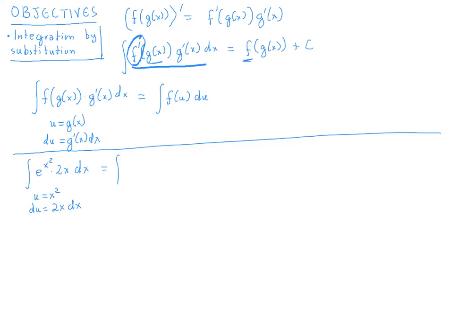And so this is going to be the integral of e to the u du. And then the antiderivative of e to the u is simply e to the u plus c. And even though we're done, we need one more step. And that one step is to actually replace u by x squared. So this will be e to the x squared plus c.